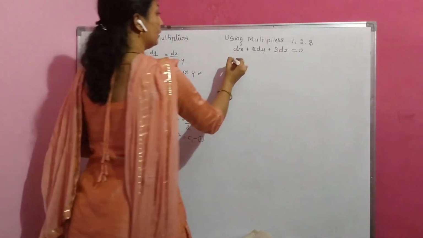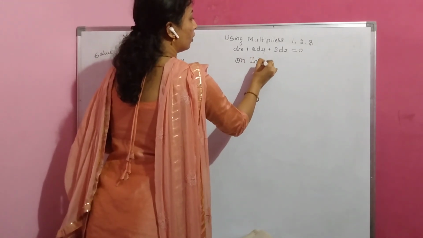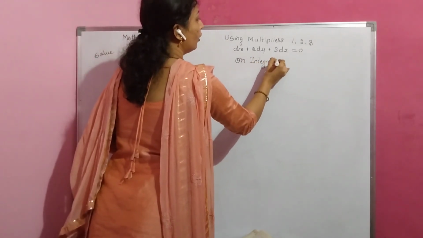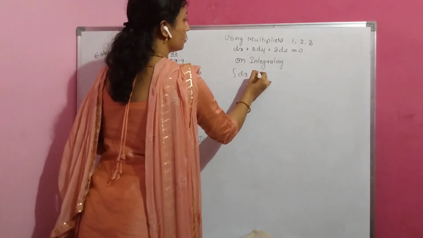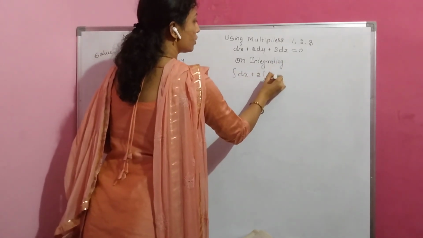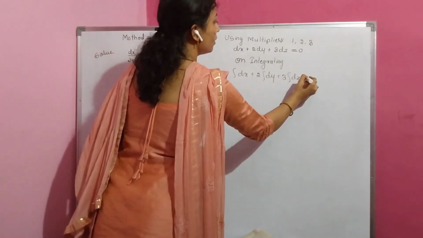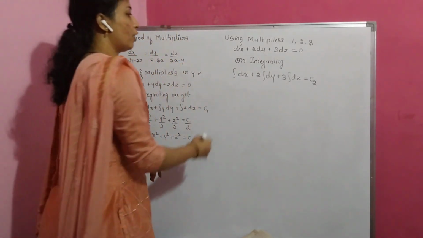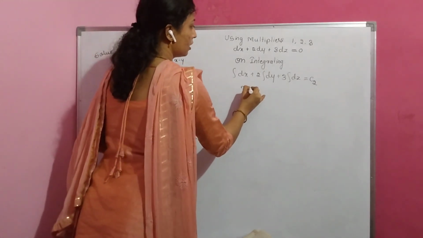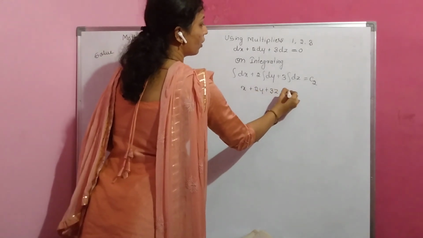Then on integrating, we get integration with respect to x plus 2 integration with respect to y plus 3 into integration with respect to z is equal to integral constant C2. So integration of 1 with respect to x means x plus 2y plus 3z is equal to C2.